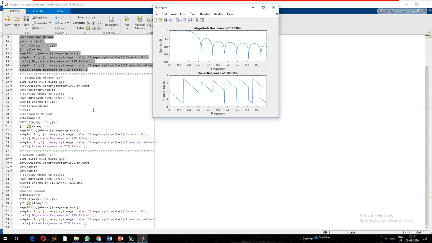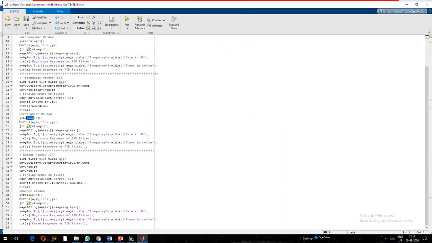For the triangular window, y is equal to triang of n1. This is the MATLAB command. We will design the filter the same way, n comma omega p low pass of y.